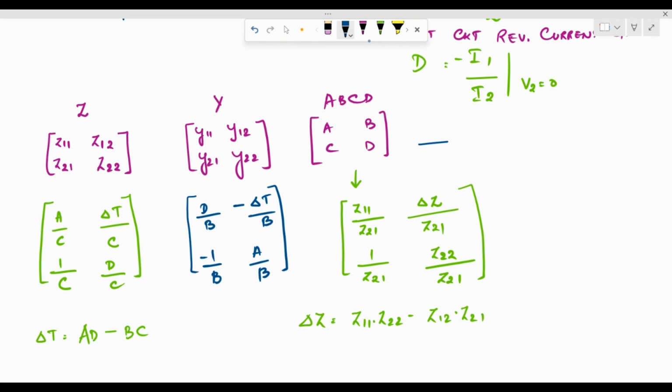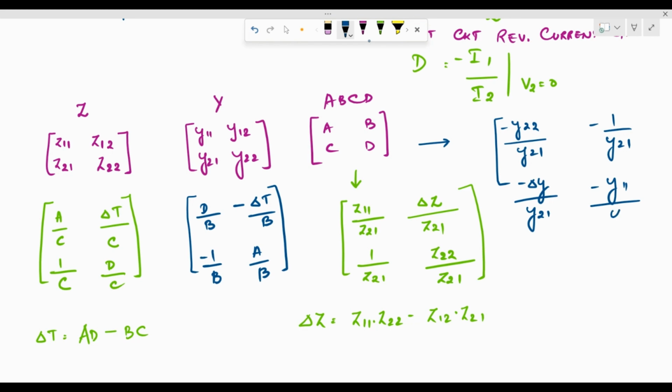We can also write the ABCD parameters in terms of Y. So minus Y22 by Y21 will be A, minus 1 by Y21 will be B, minus delta Y by Y21 will be C, and minus Y11 by Y21 will be D. Here again, we can express delta Y as Y11 Y22 minus Y21 into Y12.